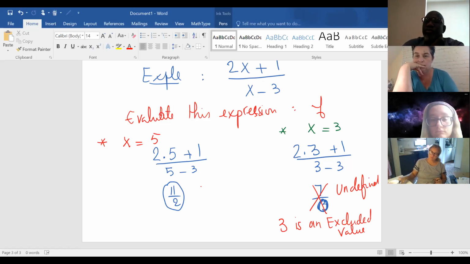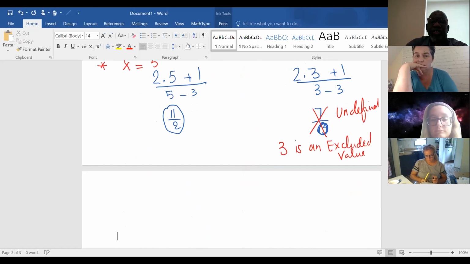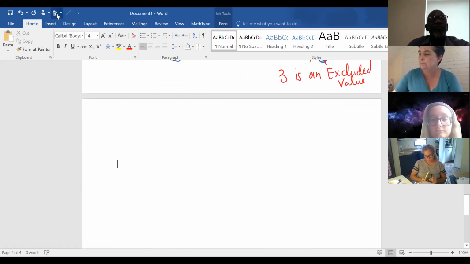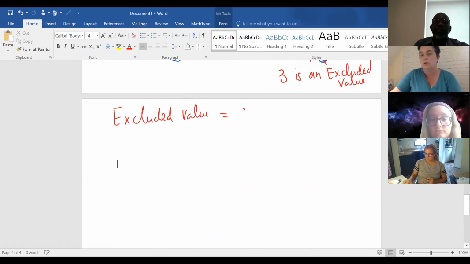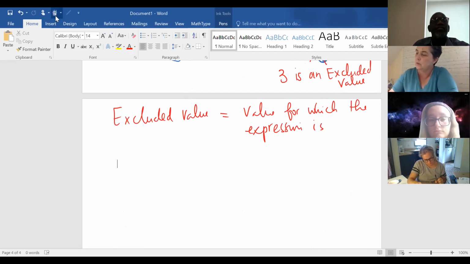An excluded value is the value for which the expression is undefined.